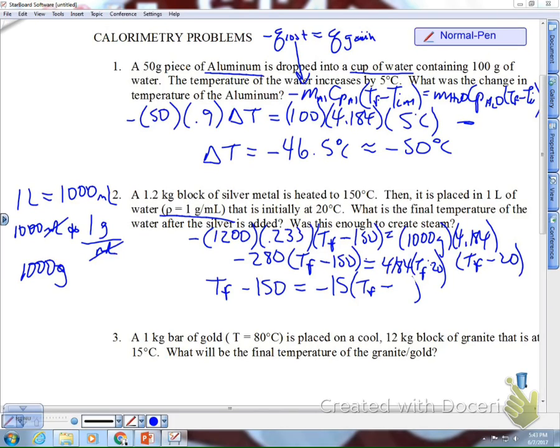Alright, so that should have been 20. Okay. And I'll distribute out here. That equals 15 TF plus 300.